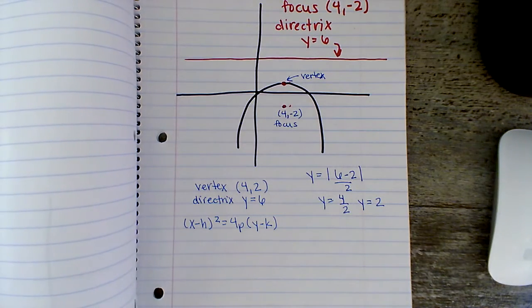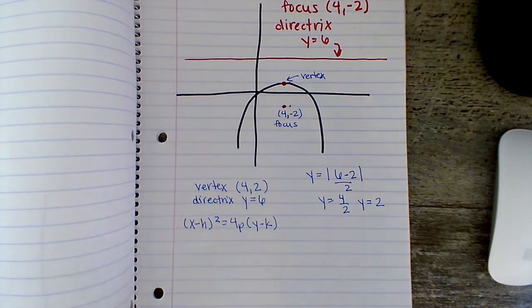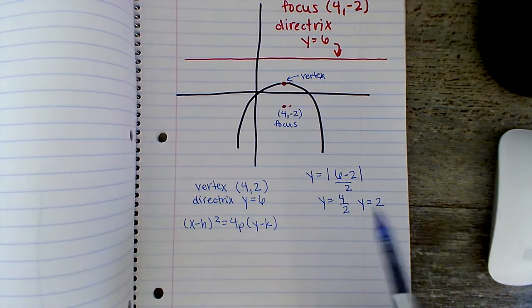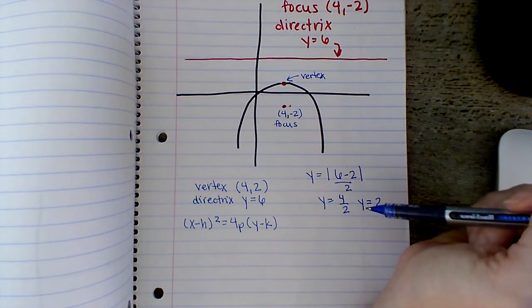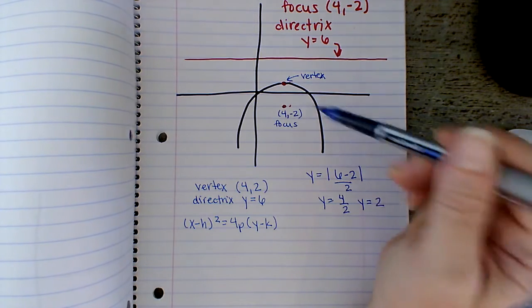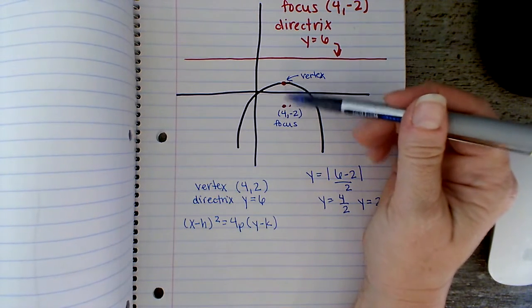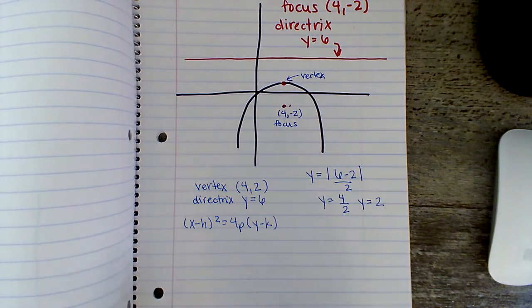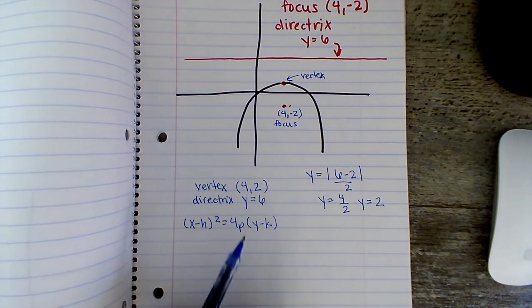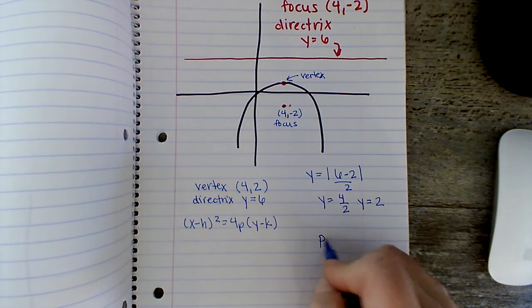Okay, I had to pause just to make sure that I was correct. I was correct. So remember, just a second ago when we found that this whole distance between them, and then we divided by 2 is 2, I could just double it, and I would find my p. But let's just go back to what we were doing before, which is to find p.